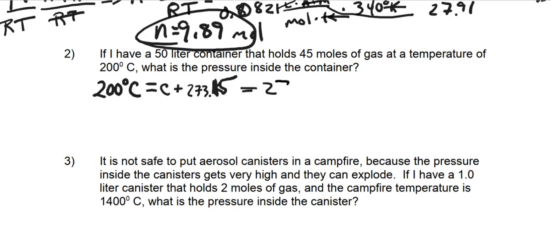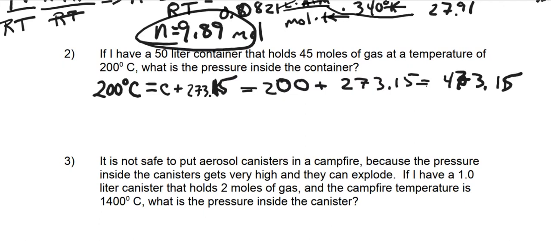So 200 plus 273.15 equals 473.15 Kelvin. So remember to do that when you do the temperature for number 2. And the same is also true for number 3 and probably for number 4 and number 5.